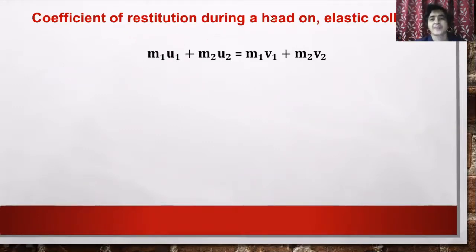We'll apply law of conservation of linear momentum. So initial linear momentum before collision, m1 u1 plus m2 u2 will be equal to final linear momentum after collision. Final velocities are v1 and v2, so m1 v1 plus m2 v2.